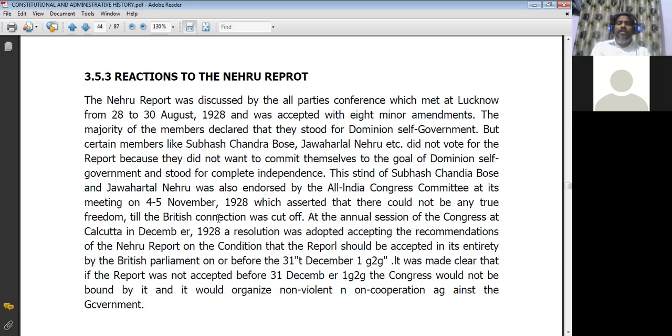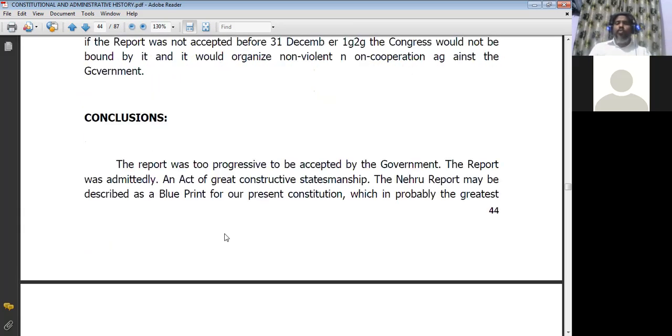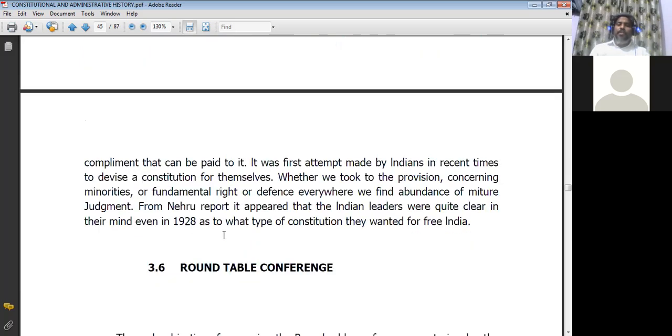It was made clear that if the report was not accepted before 31st December 1929, the Congress would not be bound by it, and it would organize non-violent non-cooperation against the government. Though the report was too progressive to be accepted by the government, it was admitted as an act of great constructive statesmanship. The Nehru report may be described as the blueprint of our present constitution, which is probably the greatest compliment that can be paid to it.